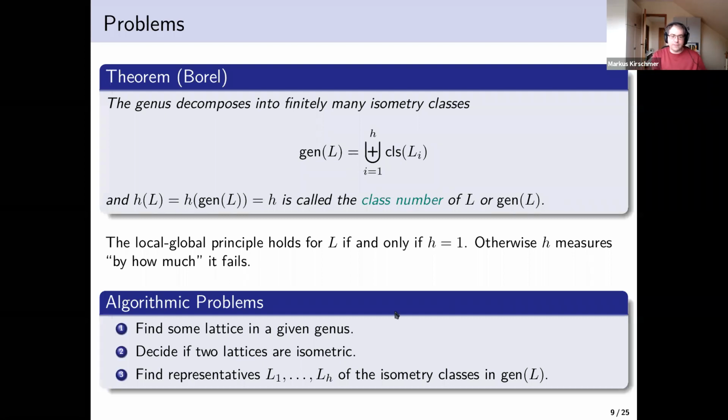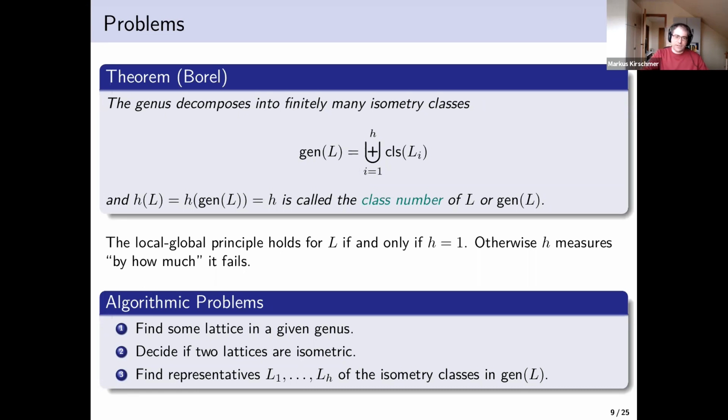I said previously, in the motivational first slide, that we need the description of all the isometry classes of unimodular lattices. Now it turns out that the unimodular lattices do not form a genus, but they actually form a union of some 2 power of genera. So they consist of 2 genera, or 4, 8, 16, whatever genera.